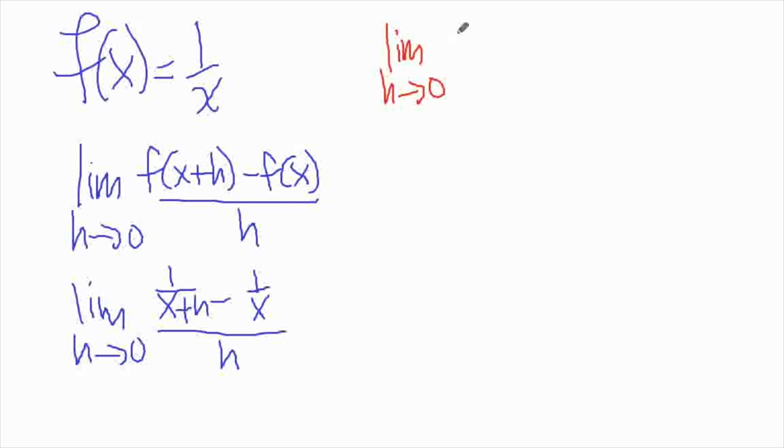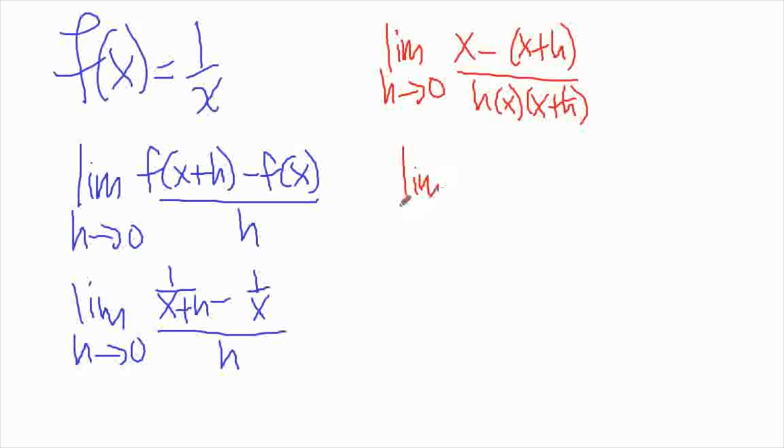So I'm just doing algebra. And then I'll multiply the bottom by x times x plus h. And okay, so there we have it. Now let's see if we can clean that up. So that gives the limit. On the top it simplifies to minus h.